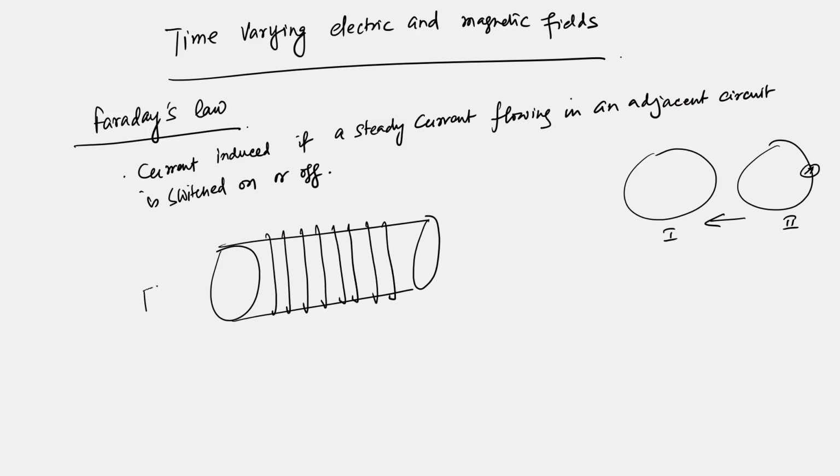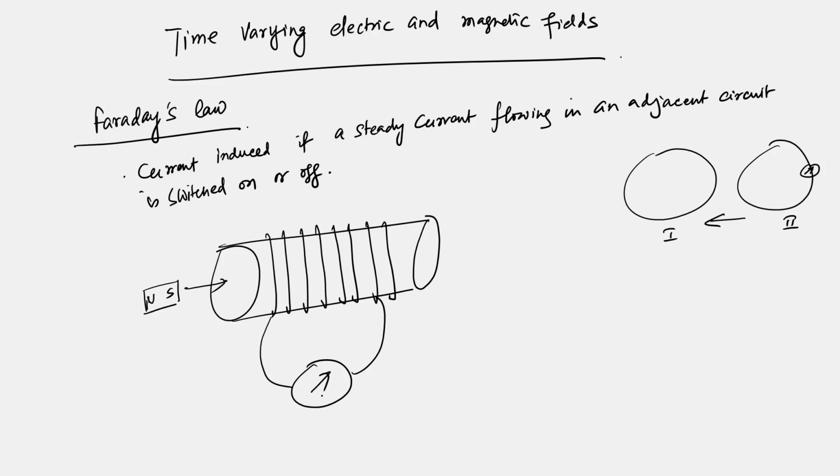Now you take a bar magnet, and this bar magnet is put in or taken out, and then you will see that there is a current that will flow. So, it will show deflection.